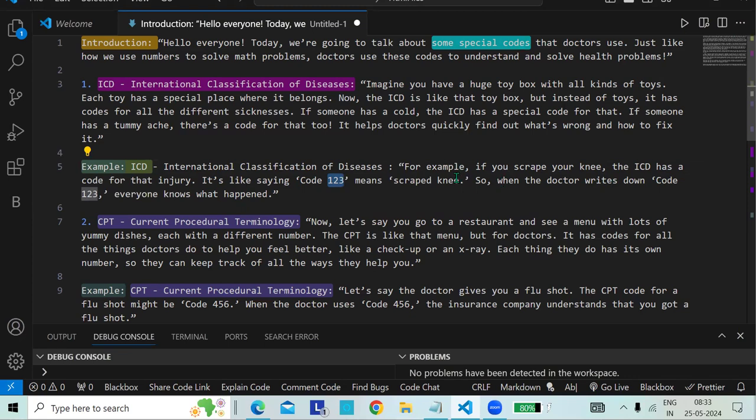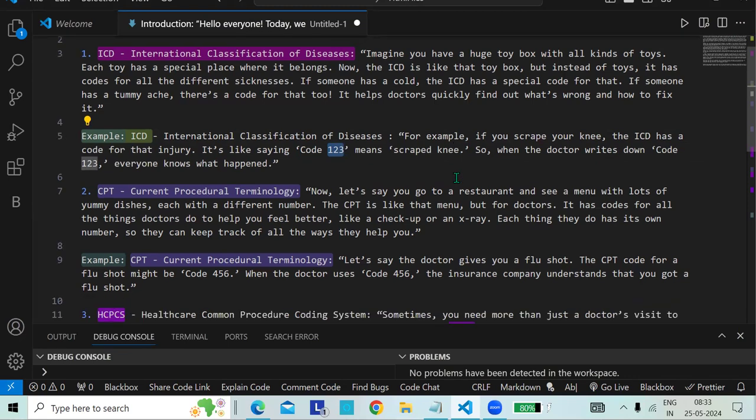And CPT. What is CPT? Current Procedural Terminology. Now let's say you go to a restaurant and see a menu with lots of dishes. You get a menu with a list of dishes and a list of prices, each with a different number.